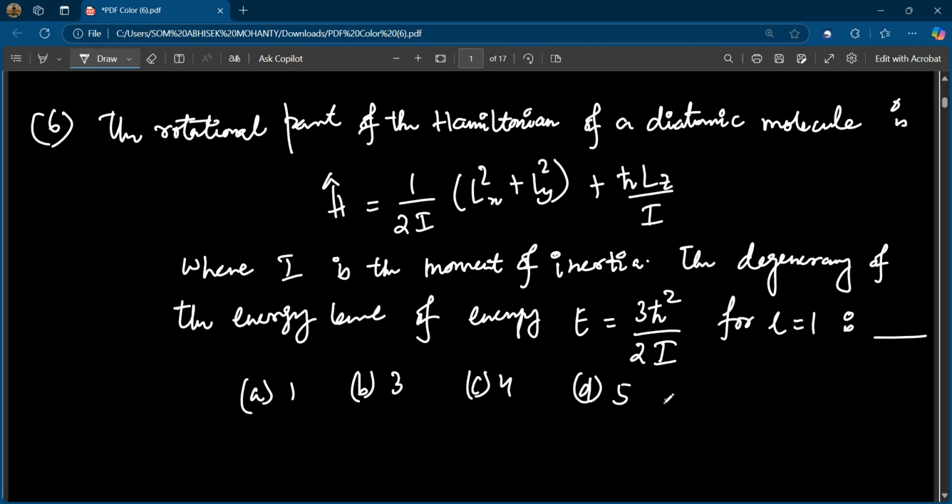The rotational part of the Hamiltonian of a diatomic molecule is given. I is the moment of inertia. The degeneracy of the energy level of energy E is asked, for L equal to 1.